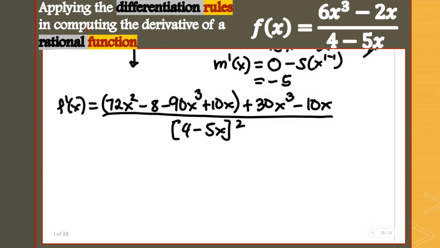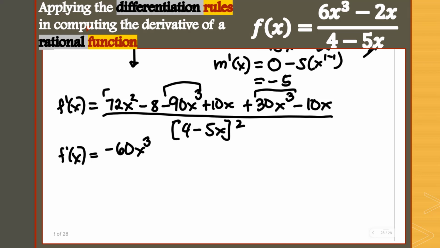So as we move further, simply simplify all the necessary terms. You may just simply remove this grouping symbol because it was preceded by a positive sign. Combine all necessary terms. Let's start with x cubed, arranging the terms in descending order of exponents. You have negative 90 plus 30, so you have negative 60x cubed.